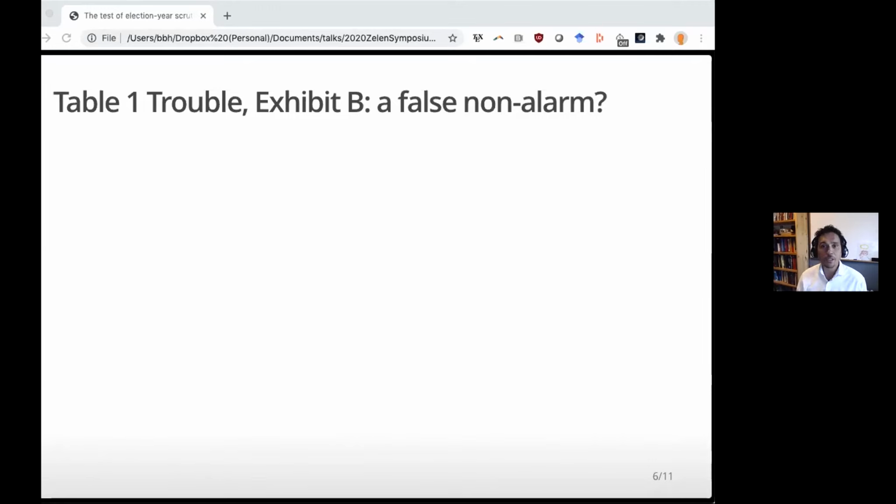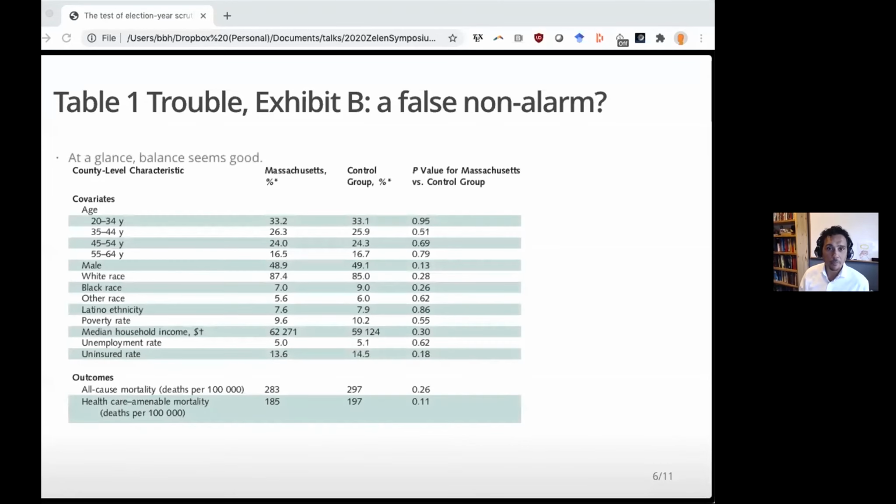Whereas in my first example, I argued that it was a false alarm that we wound up thinking there was something wrong with the experiment, here there's going to be a hint that maybe there was a false non-alarm in the table 1. It was actually a table 2 that was published in the SLB study.